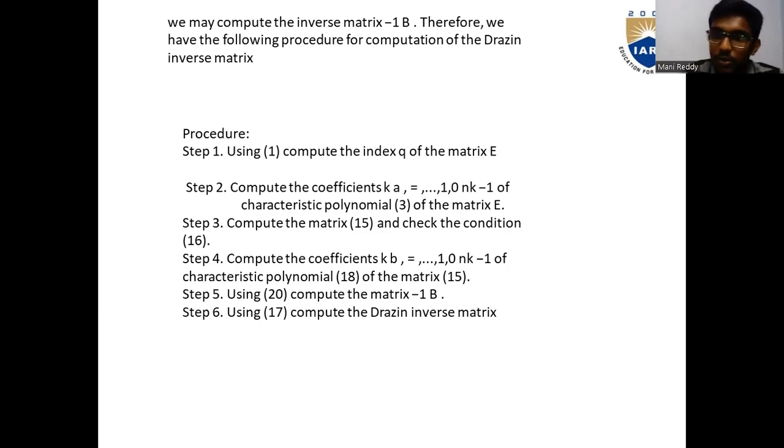Step three, compute the matrix 15 and check the condition. Step four, compute the coefficients. Step five, using 20, compute the matrix, and using 17, compute the Drazin inverse matrix. Here is the procedure to find the Drazin inverse matrix. For the slides, I will explain with some examples, and it may be clear.